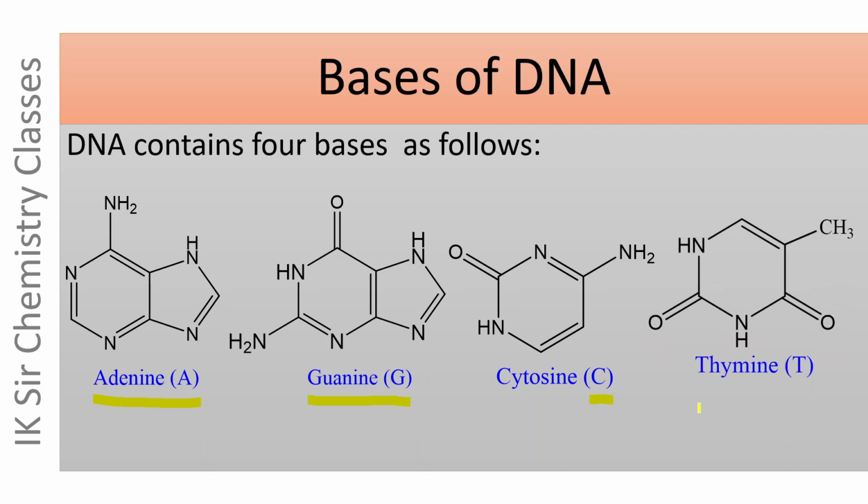These 4 bases are present in DNA. It may be noted that all these bases are heterocyclic compounds containing nitrogen atoms in the ring, and these are the bases present in DNA.